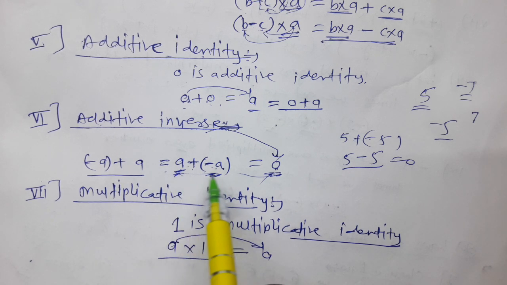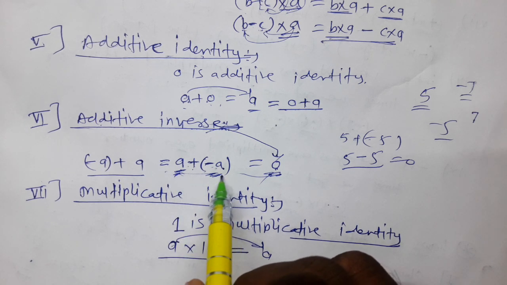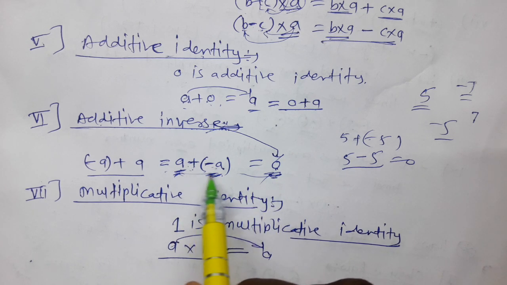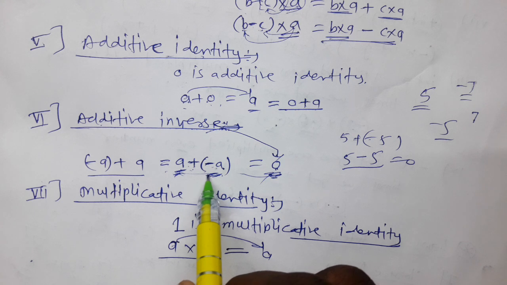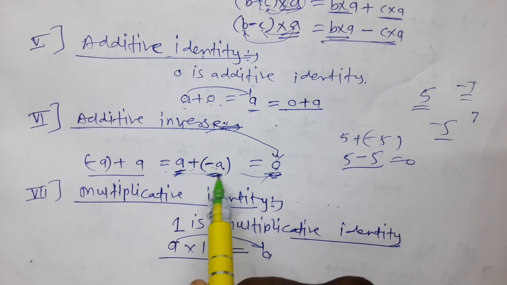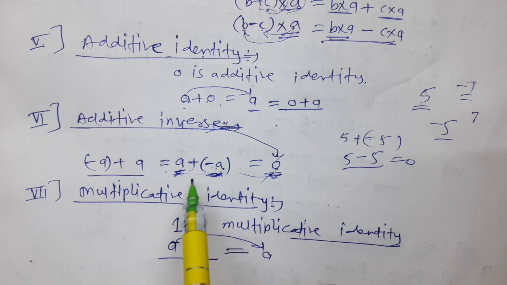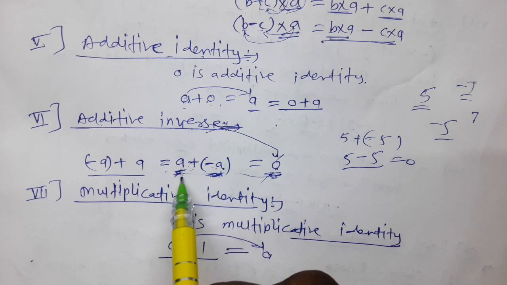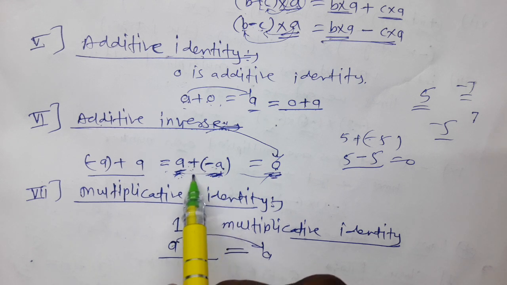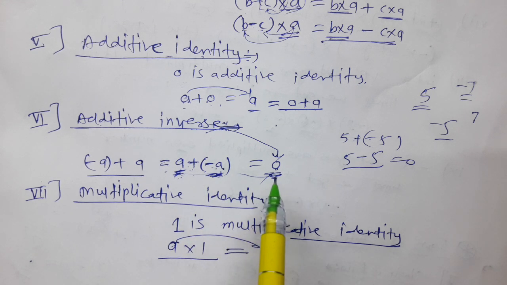If we add a and minus a, we will get 0 as a result. So a and minus a are the inverses of each other. Means a is the additive inverse of minus a and minus a is the additive inverse of plus a, because if we add them, we will get the result 0.